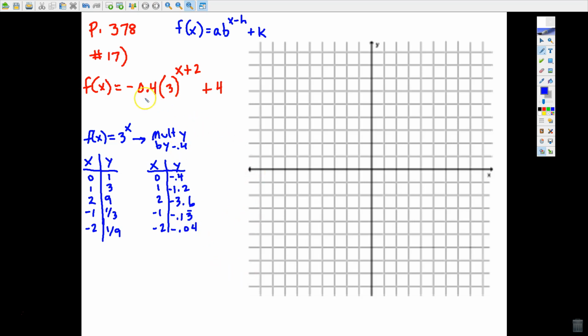All right, so we've taken care of multiplication to create both the flip and the vertical compression.